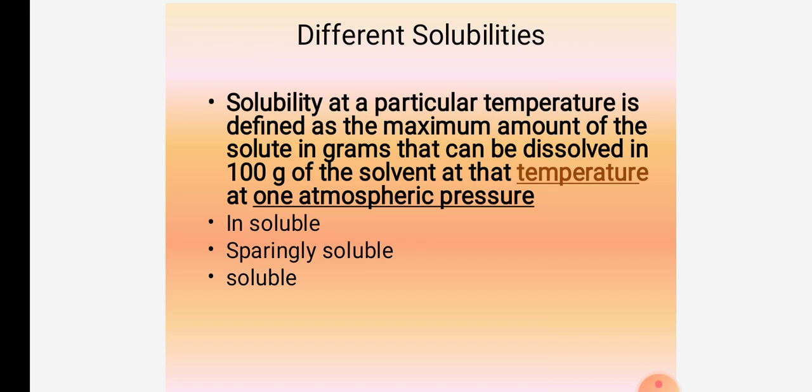Now, this amount of solute that gets dissolved is called the solubility of that particular solute. So, solubility at a particular temperature is defined as the maximum amount of solute in grams that can be dissolved in 100 gram of the solvent at that temperature and 1 atmospheric pressure.